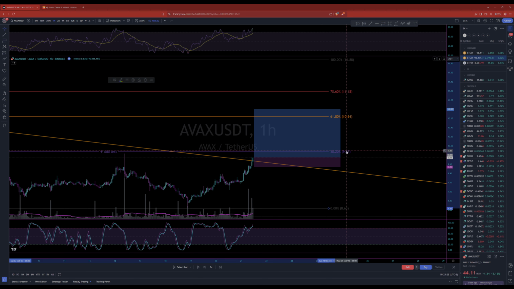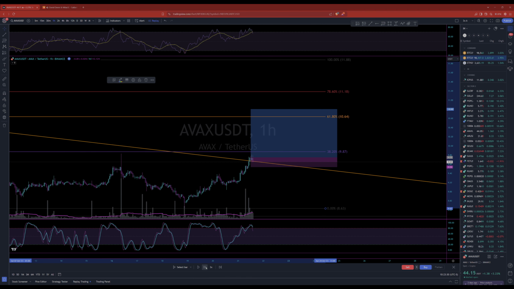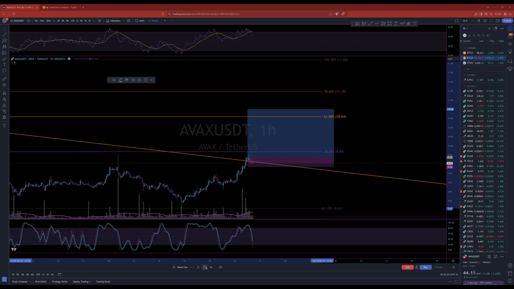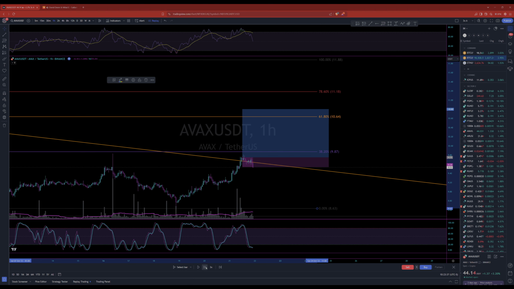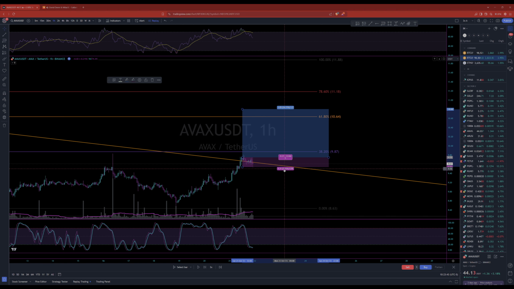We've identified some areas of interest at this level at 10.64. So we keep going. Stopped out of that one. But now we can start watching. We've only lost 1.